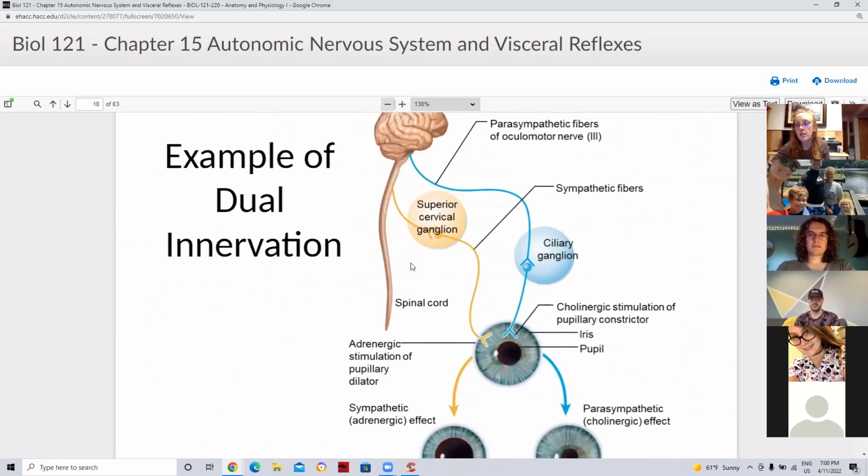So an example of dual innervation, like what we saw last week when we were talking about the iris.